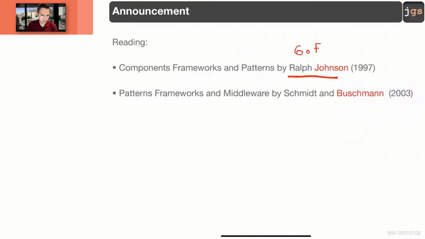The design patterns that we review, 23 patterns that we review in the past weeks. One of the 4. Right. So I am asking you to read his work connecting patterns, obviously, is part of the 4 authors of the book, but then frameworks and components. And we're going to talk about that in the following weeks.